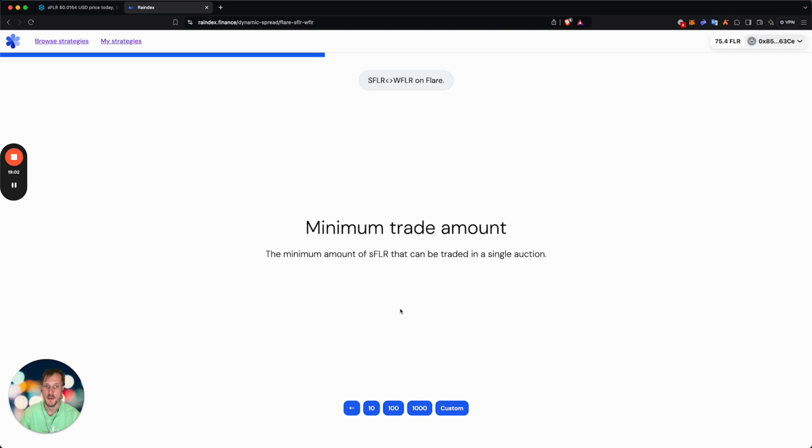And then the minimum trade amount, this is not what you're offering. This is the smallest that somebody else can take. So in general, this is probably more of an implementation detail than something you really have to worry about, because it's basically preventing somebody from coming in and putting many, many small trades into your auction and causing your auction to constantly reset itself, just because somebody's coming in and basically griefing the auction by putting in 0.1 flare or some tiny amount.